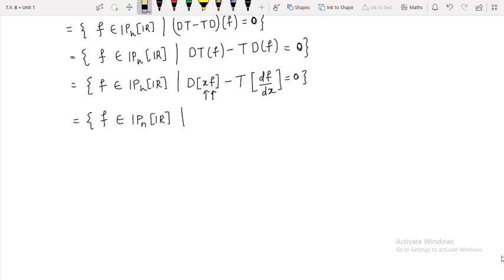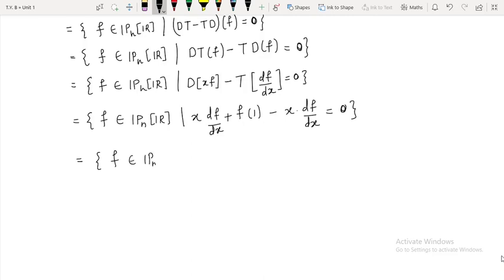D stands for the derivative, so we are supposed to use the product rule. So x as it is, derivative of f is df upon dx, plus f as it is, now the derivative of x is 1, minus, now T means multiplying by x, so we multiply df upon dx by x, which is equal to 0 bar.